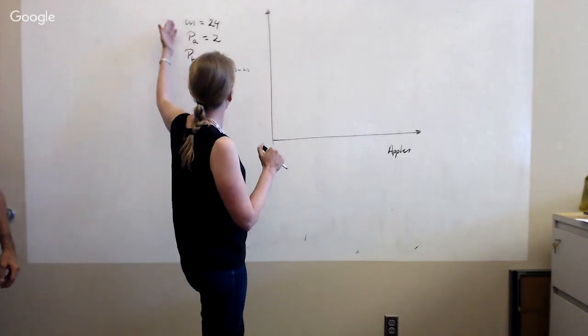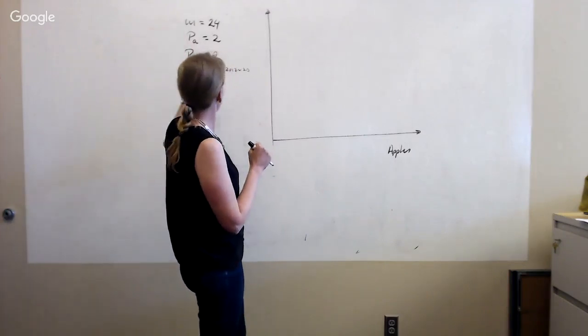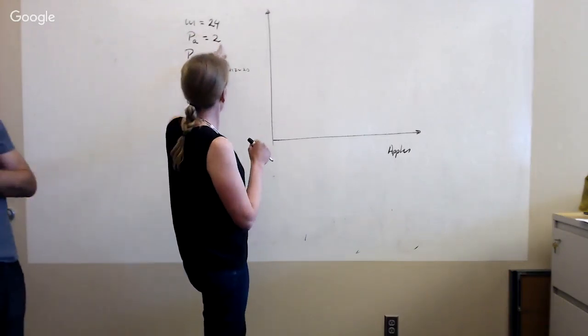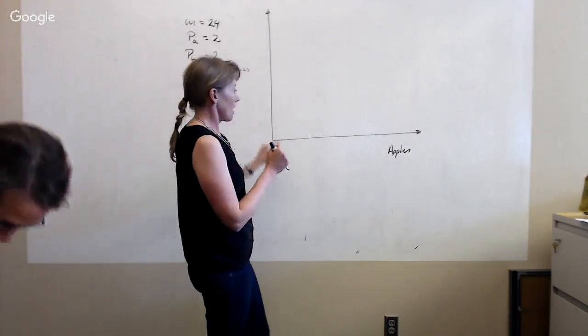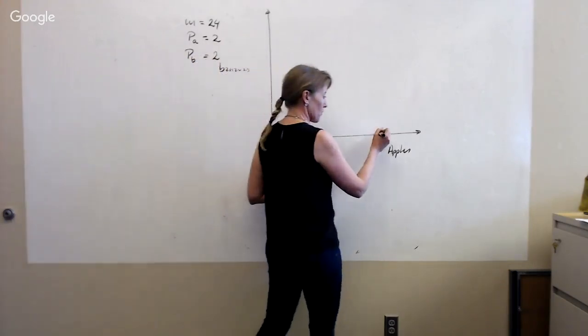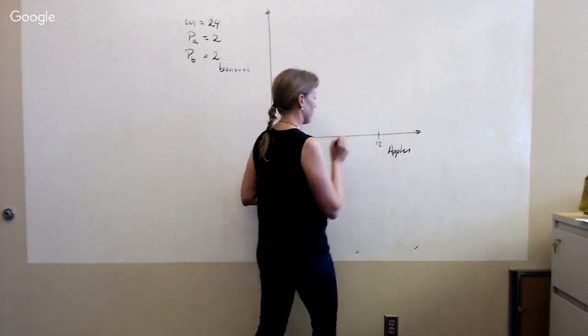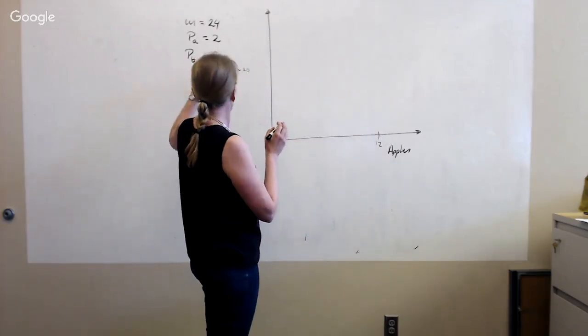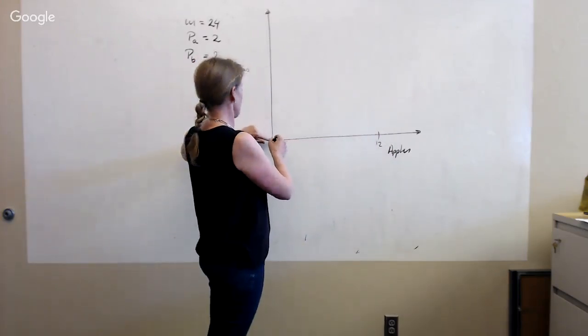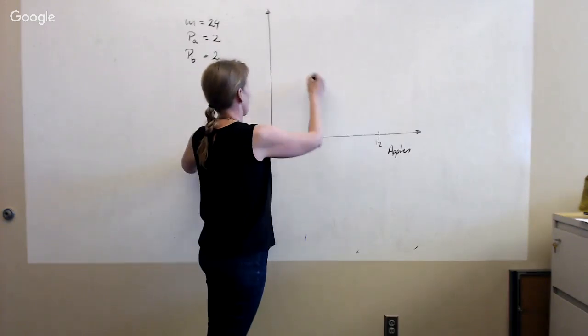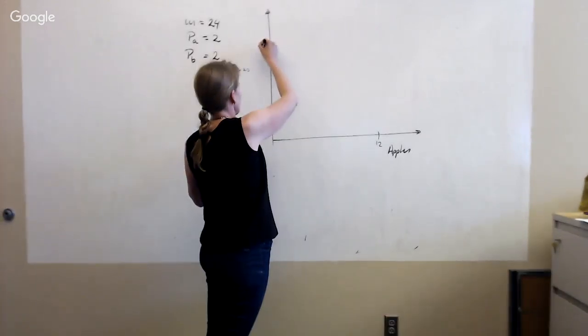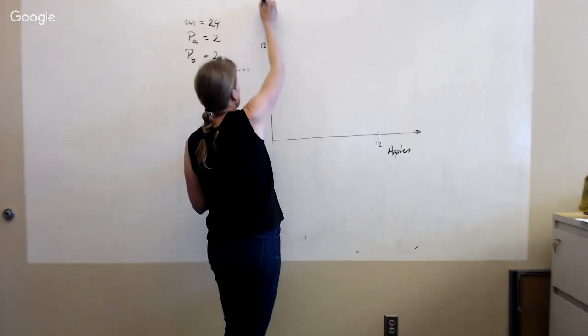I think we're operational here. So if we have income of $24 and the price of apples is $2, then the maximum quantity of apples we can afford is 12. And if the price of bananas is $2, then the maximum quantity of bananas we can afford is 12. So let's put bananas up here.